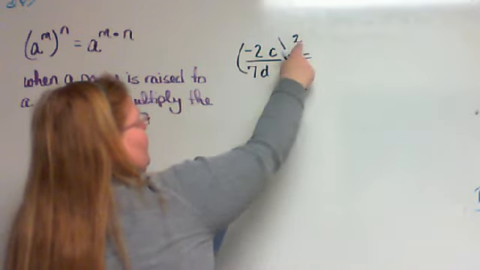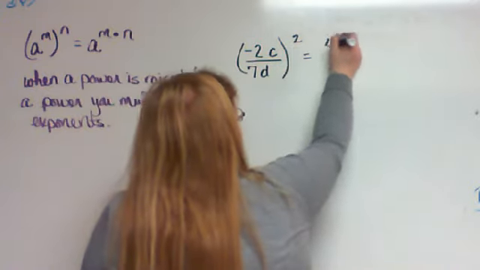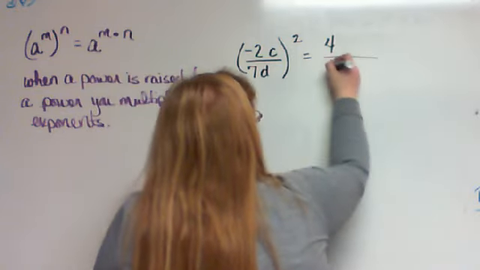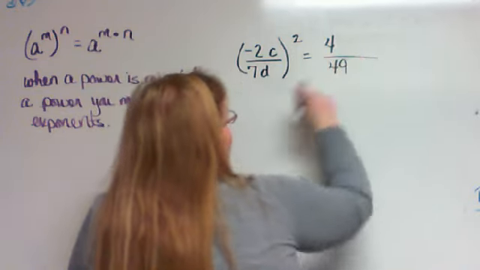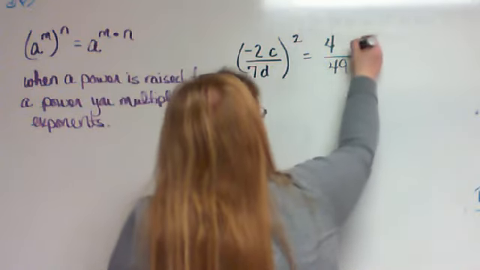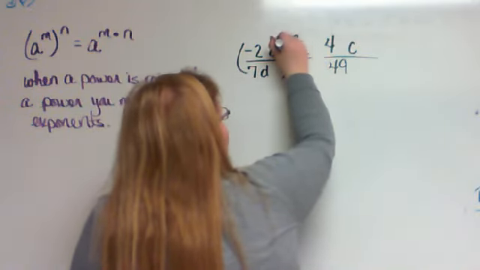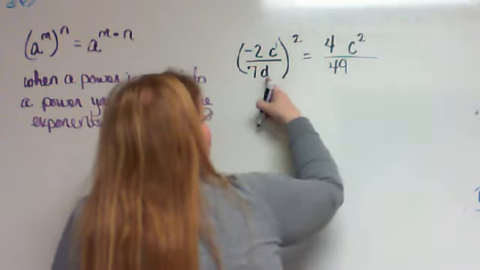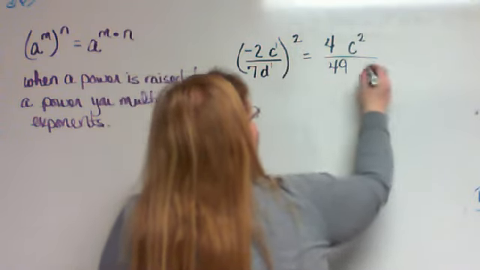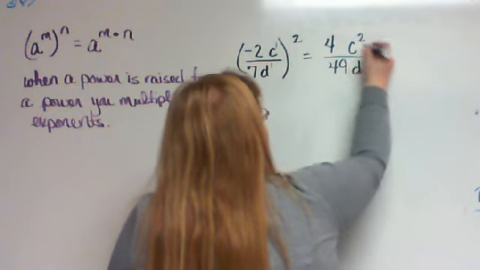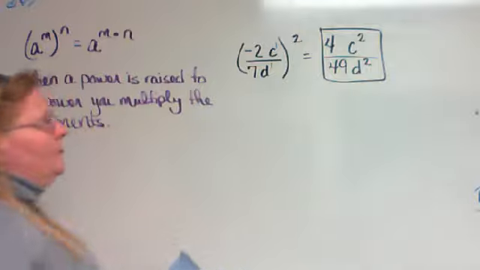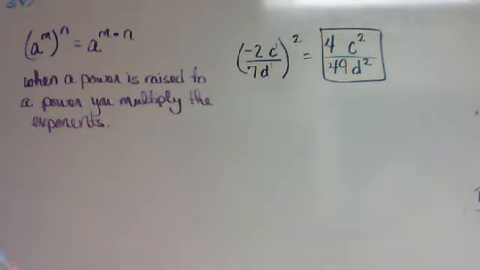A 2 raised to the second power is a 4. And a 7 raised to the second power is a 49. So that takes care of that. And then c to the 1 times 2 is 2, and d to the 1 times 2 is 2. That 2 applies to everything inside.